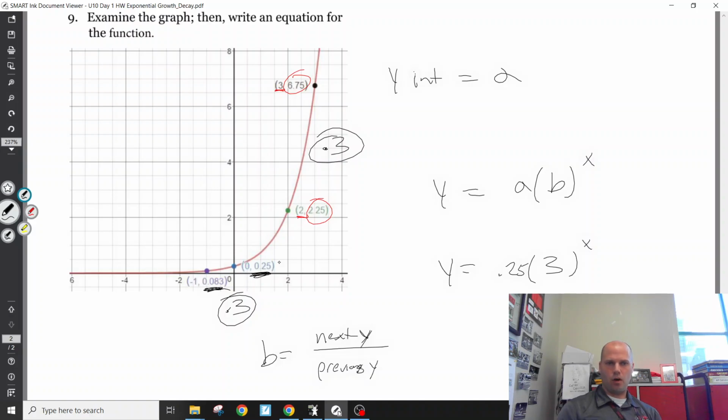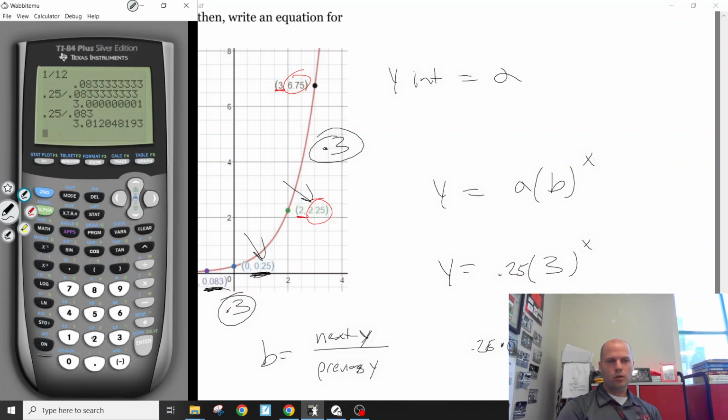What you can't do, though, is go from this value to that value. You would have to say, 0.25 times what number twice equals 2.25. This is actually something you can solve. Watch. 2.25 divided by 0.25, we just solved equations like this, is 9.